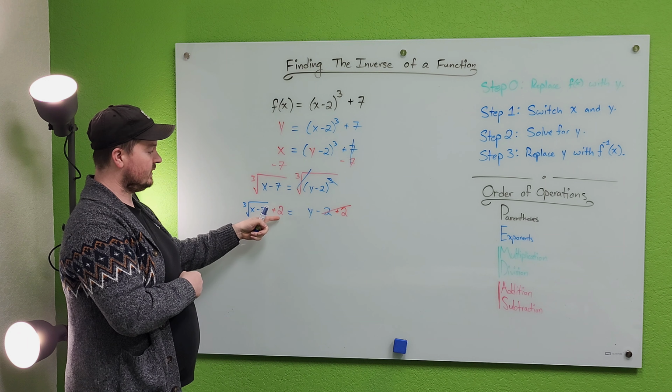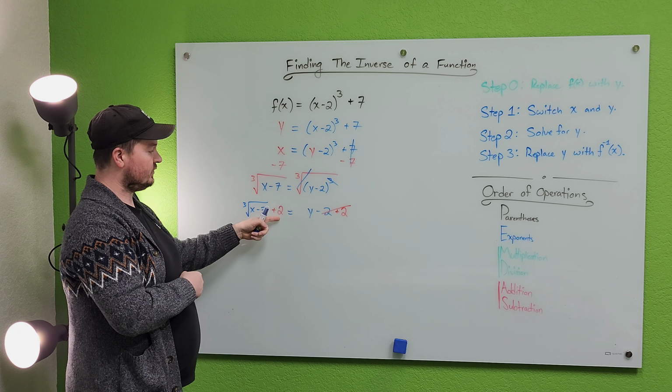So unless this 2 was inside this cube root before we simplified it, there's no way that we can combine these 2 numbers together. So what's left over, I'm going to move this onto the left side now. We have y equals the cube root of x minus 7 plus 2.